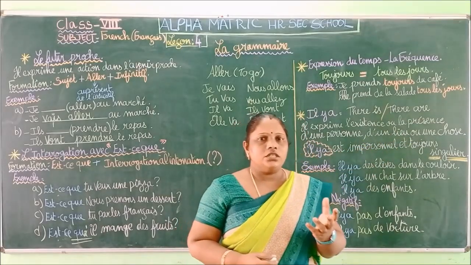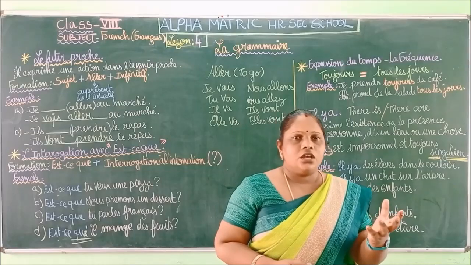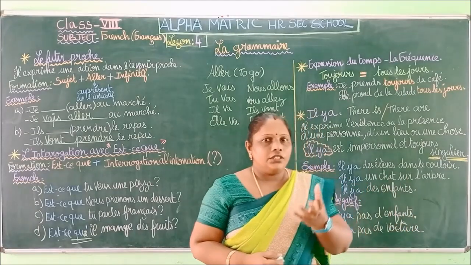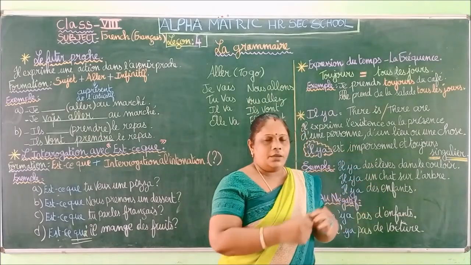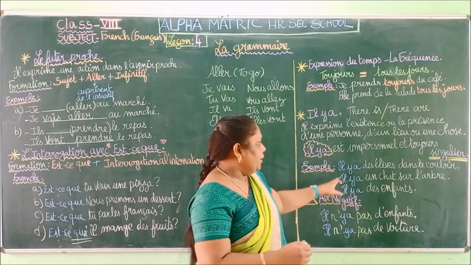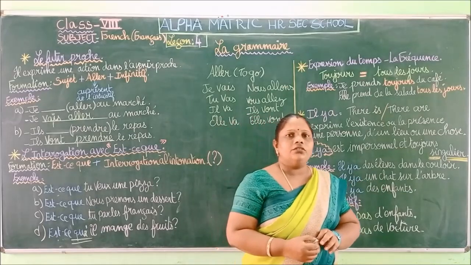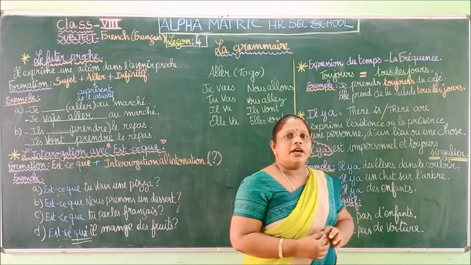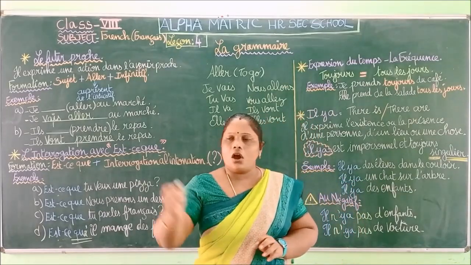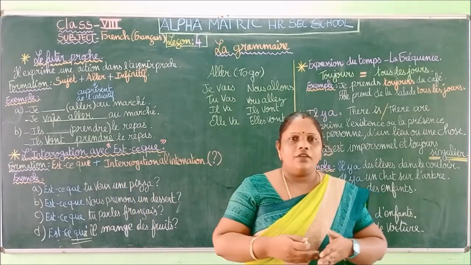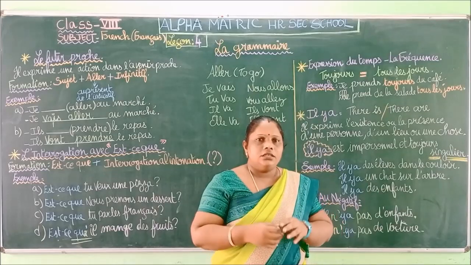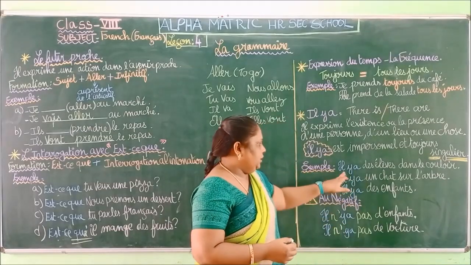So you can see it is an existence of a person, of a thing or of a place. Okay, so for example, il y a un élève, des élèves dans le couloir. So there are students in the corridor. Couloir means corridor. So you have the corridor of your class, isn't it? So that is il y a.